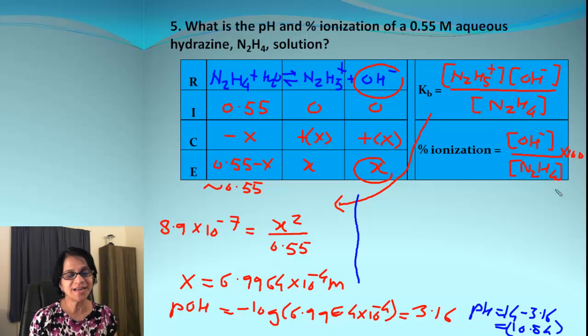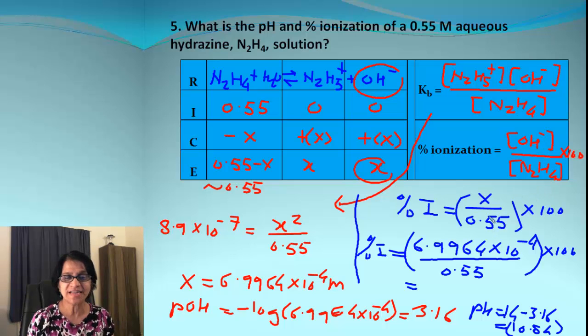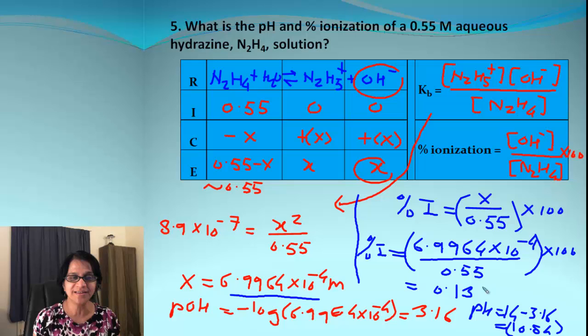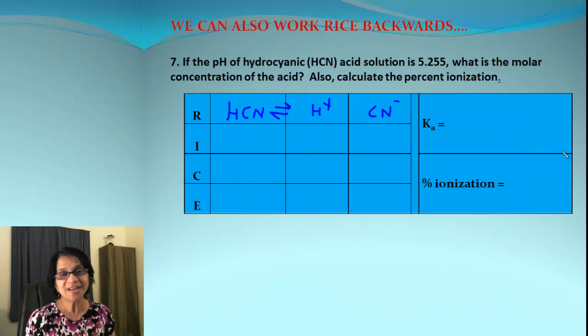Coming to percent ionization, when we plug the values, this is what we get. Hydroxide is X, N2H4 is 0.55, and then times 100, and the value of X is something which we figured out over here. When we plug those values and solve, the final answer comes out to be 0.13%.